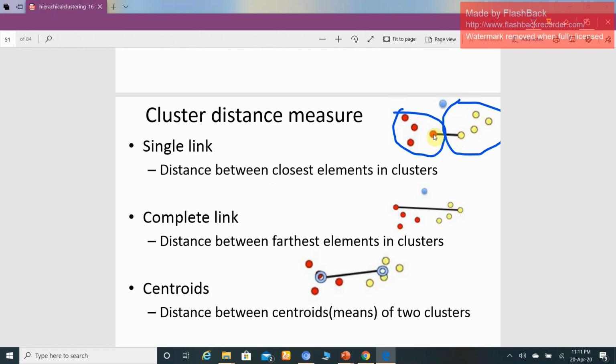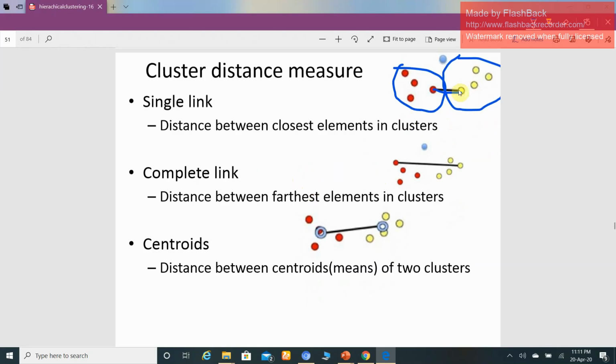These two are closest to each other, so single link depends upon the distance between closest elements in clusters. That is called single link, meaning the minimum distance is considered.